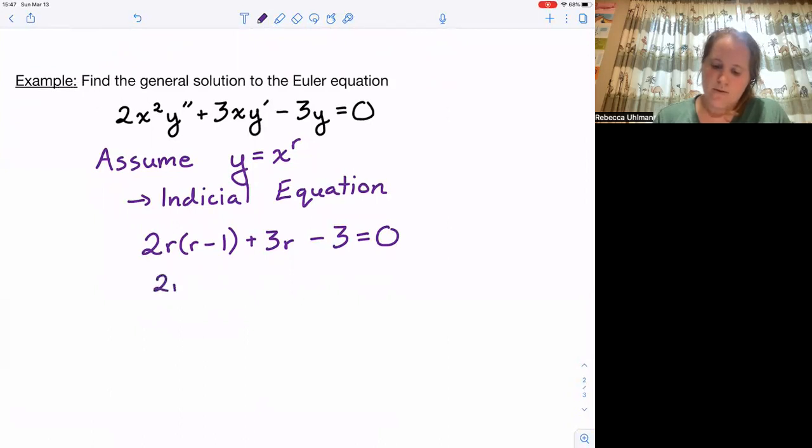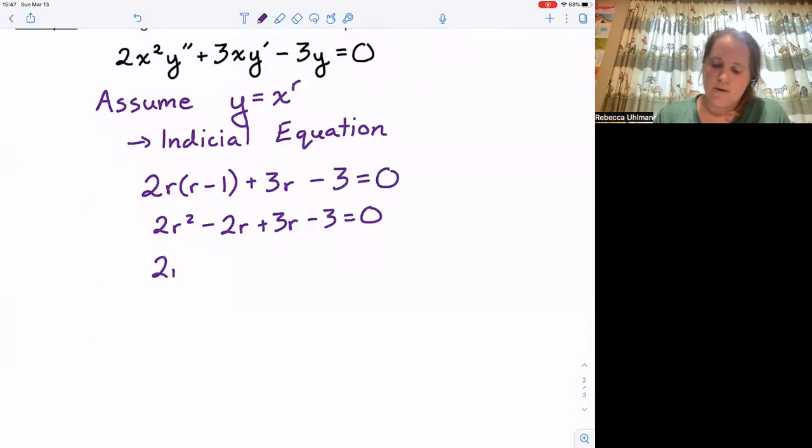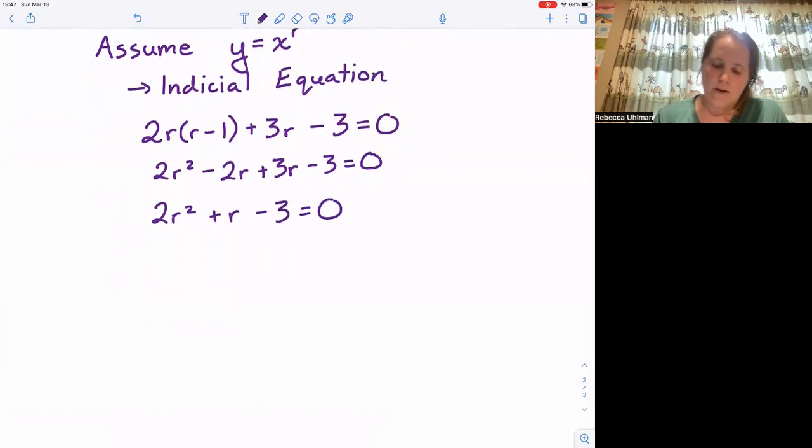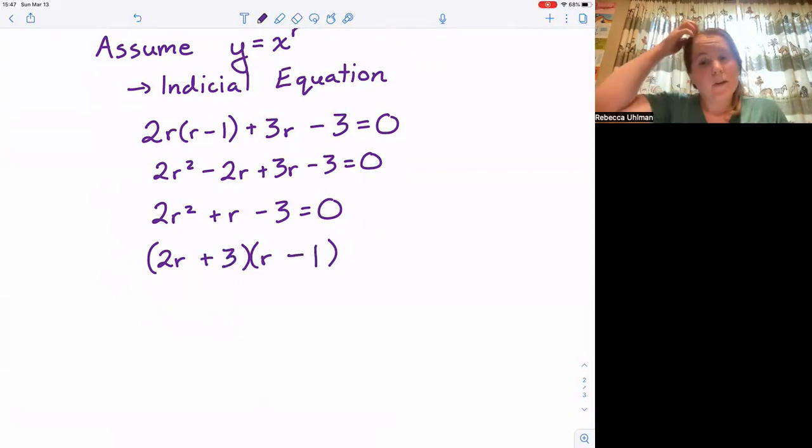This becomes 2r squared minus 2r plus 3r minus 3 equals 0, or 2r squared plus r minus 3 is equal to 0. That we can go ahead and factor if we do a 2r and an r. We do a 2r plus 3 and an r minus 1. This does indeed wind up factoring exactly how we wanted.